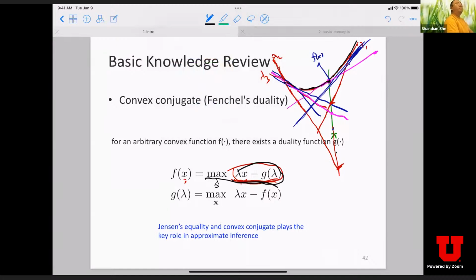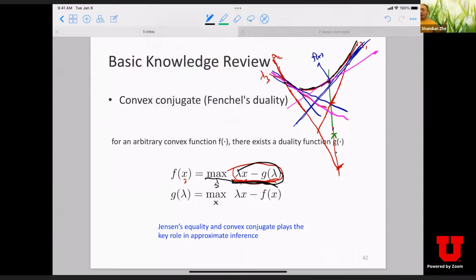So you're saying that every other tangent line... Yes, that's it. That's why this is the maximum. For any other choice of lambda, your tangent line value at x will be smaller than f of x.